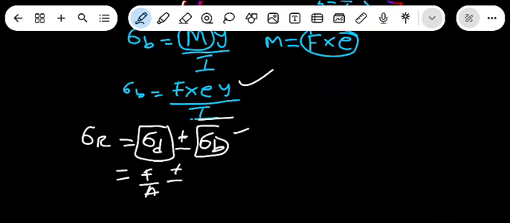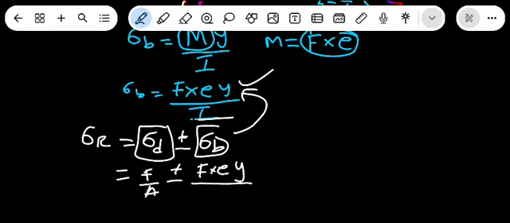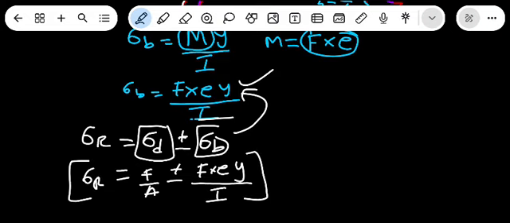The bending stress is given by this formula, which is F multiplied by the eccentric distance, divided by Y, divided by I. All right, this is what we have. This is our resultant. Are we together?